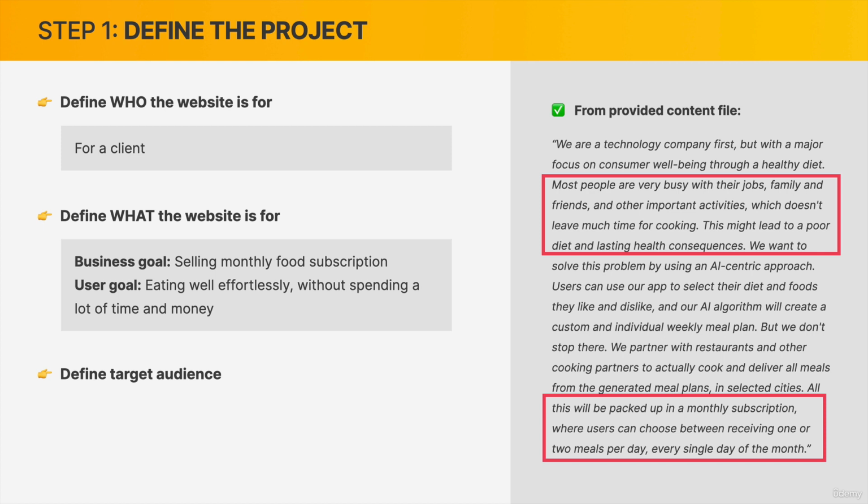Now, of course, you could have used a completely different wording here, but the intention is basically this. So the business wants to sell the food subscription, and the user wants to eat well and eat healthy, right? So that's basically what this website will be for, matching the business goal with the user goal.